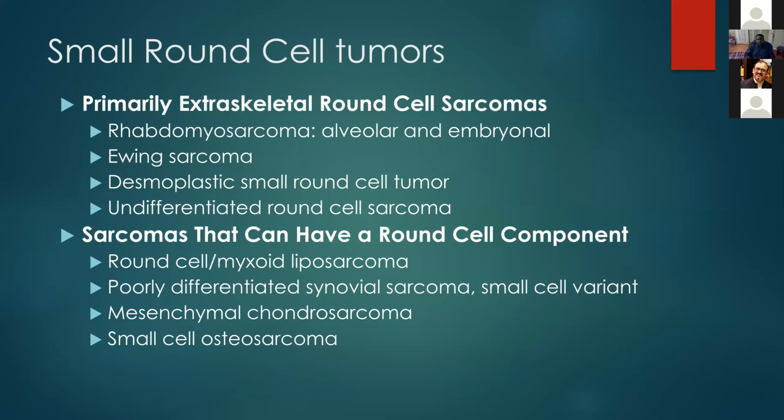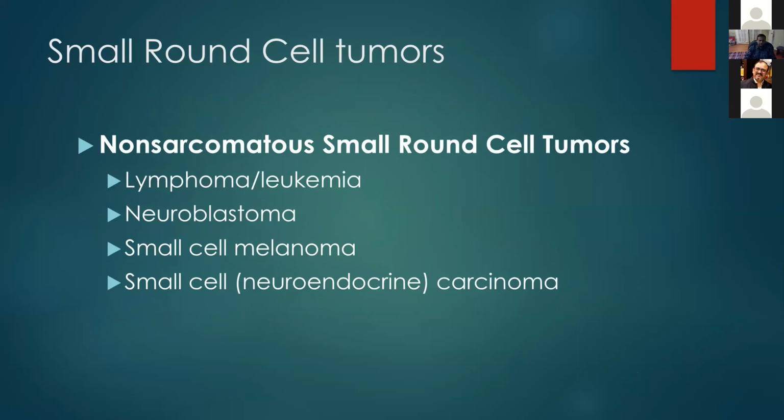So that is another very good example of a classic prototypical round blue cell malignancy. Then comes desmoplastic, then there's undifferentiated, then sarcomas can have a round cell component such as rhabdomyosarcoma, but you can also have it in liposarcoma, synovial sarcoma, chondrosarcoma, etc.